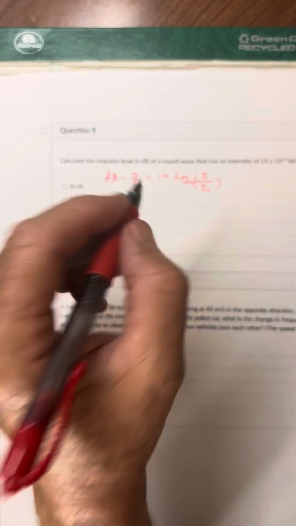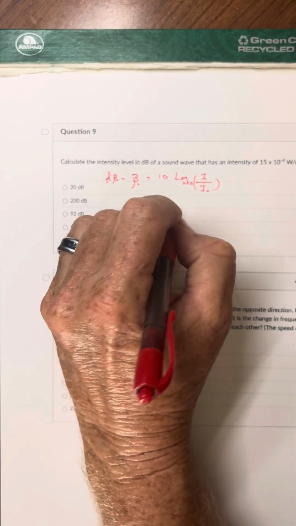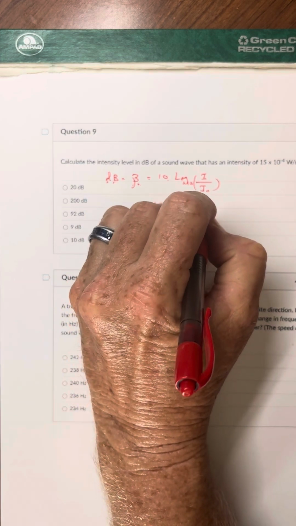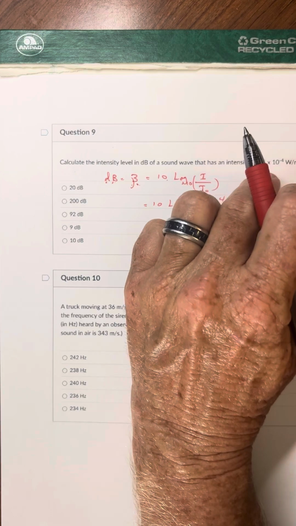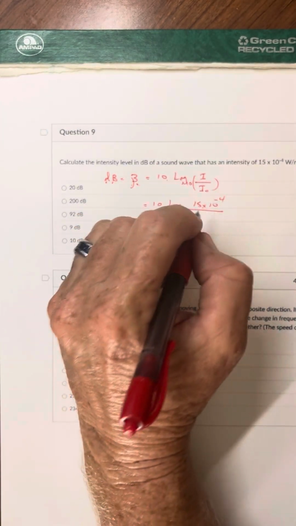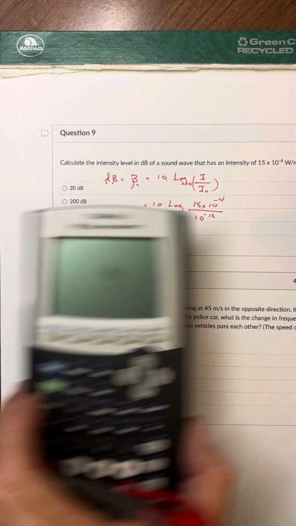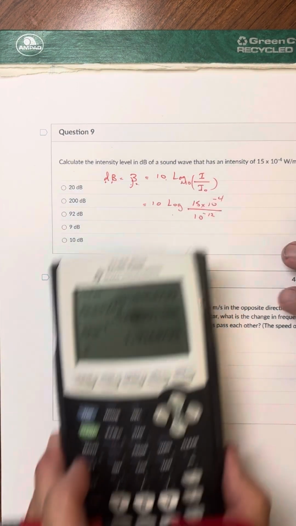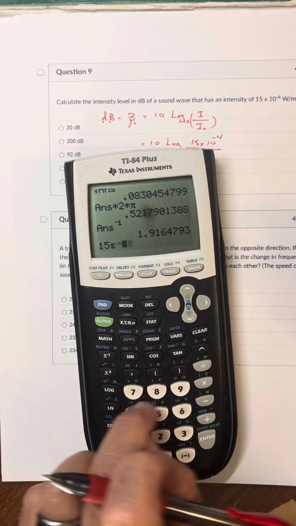And so now I can just put in my numbers. This is 15 times 10 to the minus 4. And the reference intensity, which we call the threshold of hearing, is also given as 10 to the minus 12. And so now it's just a matter of punching those numbers in. So 15 times 10 to the negative 4.